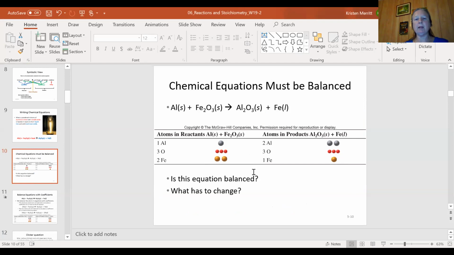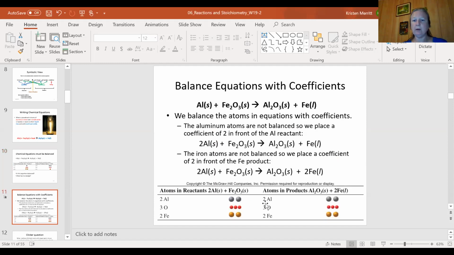Because the number of atoms you start with has got to equal the number of atoms you end up with. So you have to get your molar ratios correct. And here's a visual representation of putting a 2 in front of the aluminum, right? We increase the aluminum and we increase the iron. So here's your balanced equation.